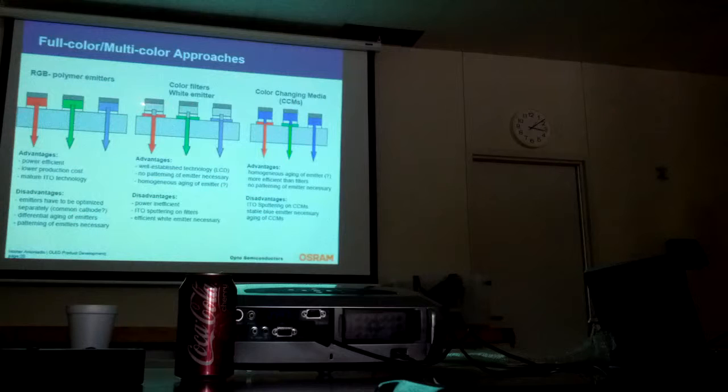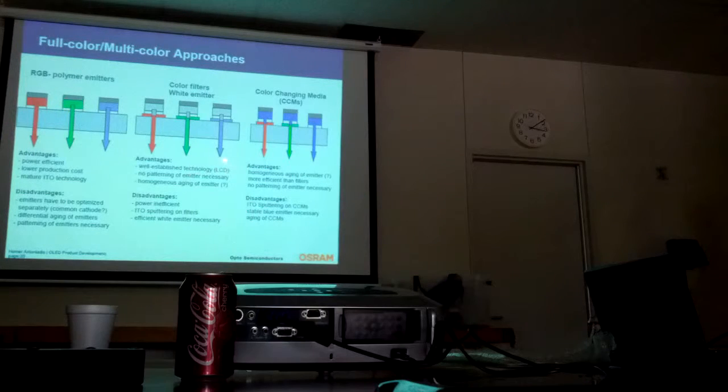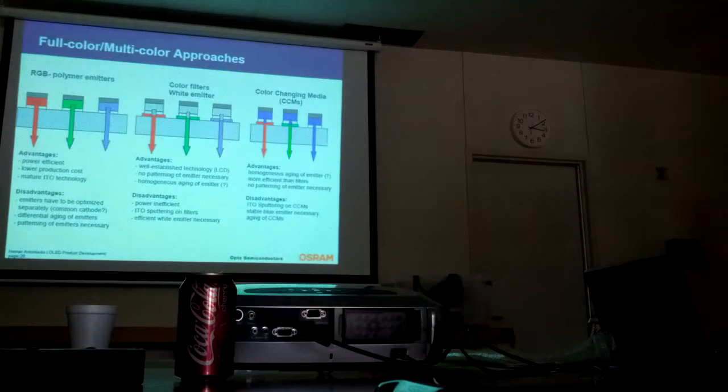Here they're using white LEDs to produce white light and then putting filters in front of it. This is very similar to LCD. And also when you're just dealing with one type of LED, it's much cheaper to manufacture.